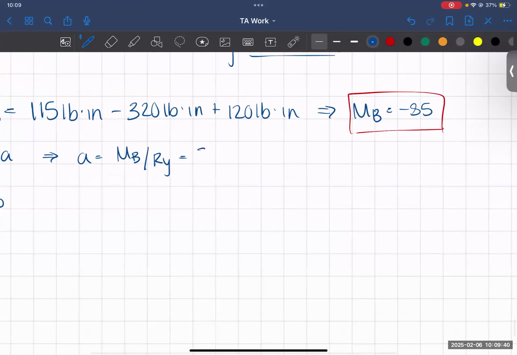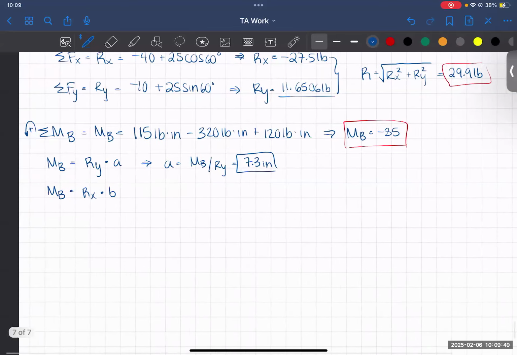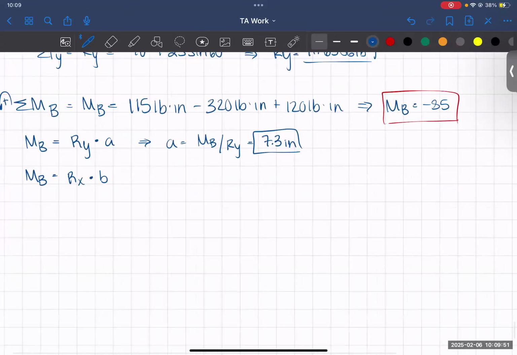Let's just round it up: 7.3 inches. So this is the distance to the left of point B.